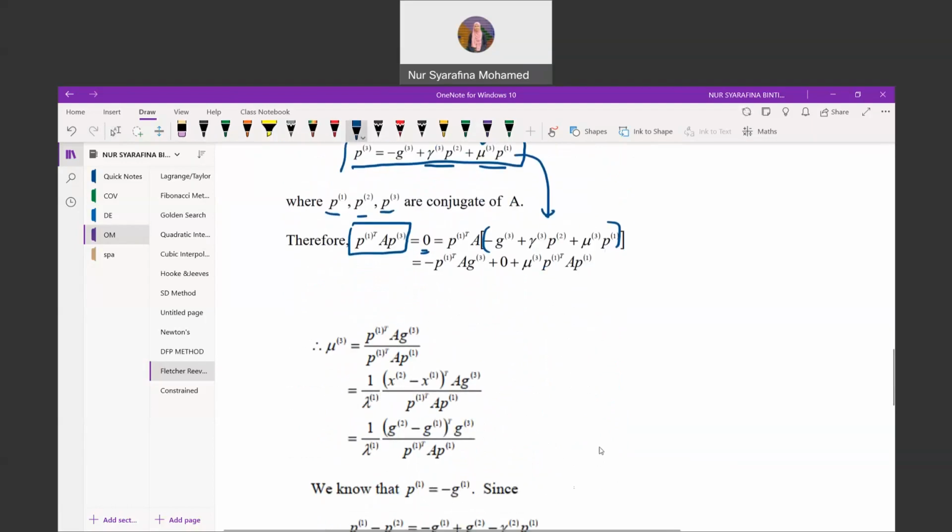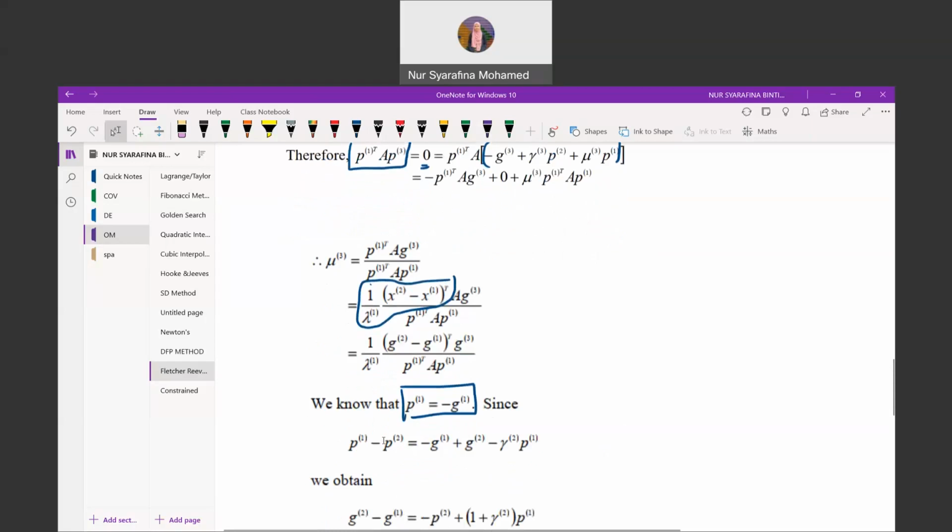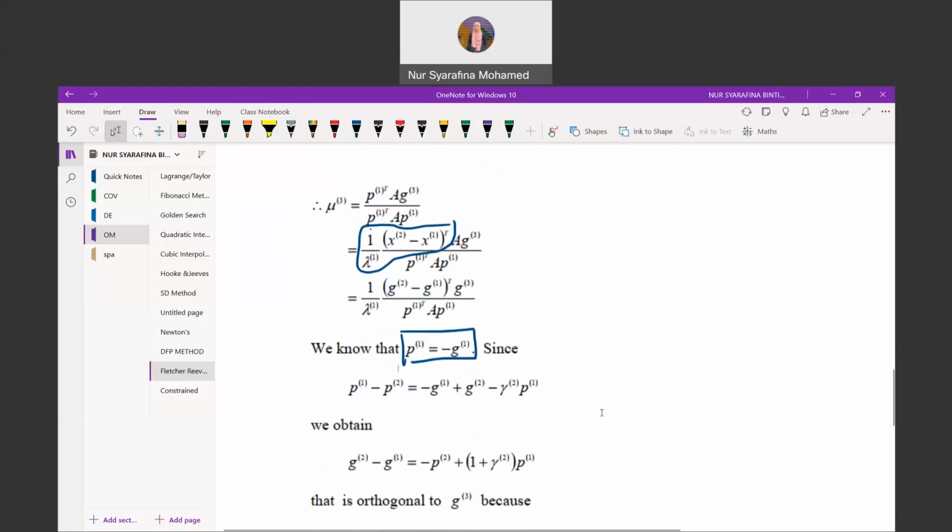So this is just a simplification process where mu 3 is G3, this one, just substitute. This is G3, this is A, and this is your P1, P1 transpose. And then this one is your P1, right? So substitute here and then simplify. So substitute G2 minus G1 transpose. Then we know that P1 equals negative G1. So substitute again and we will obtain this.